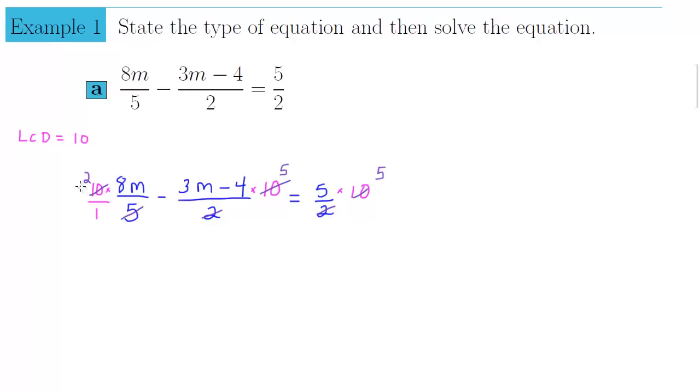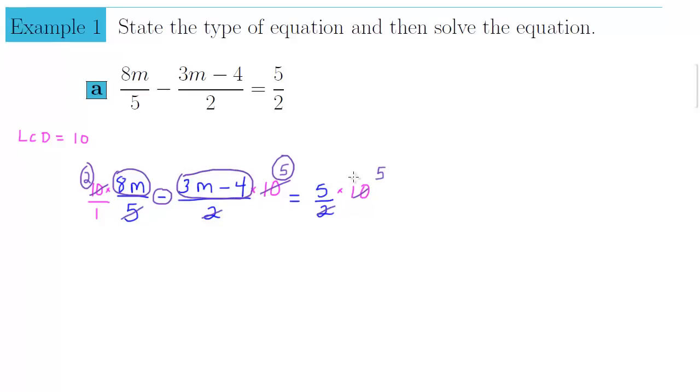Okay, so in the first term, I end up with a 2 and an 8m left over that I need to multiply. In the second term, I end up with a 5, a negative, and a 3m minus 4 that needs to get multiplied.